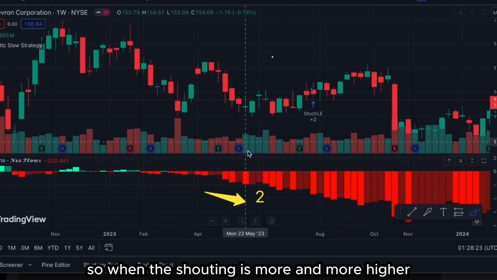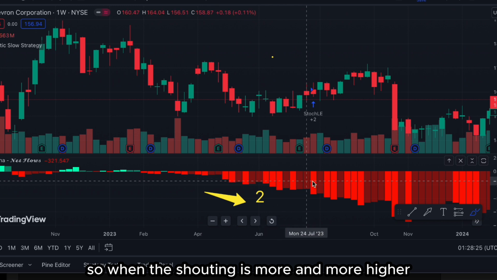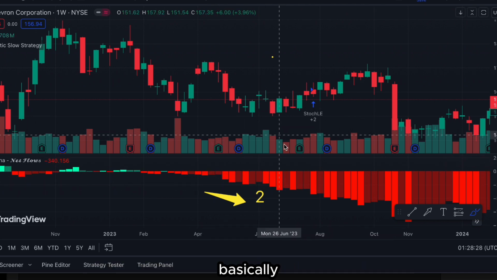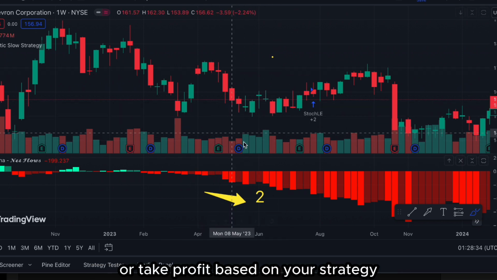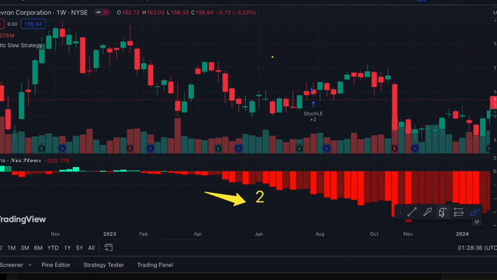So when the selling is higher and higher, you can just plan your trade to maybe cut loss or take profit based on your strategy.